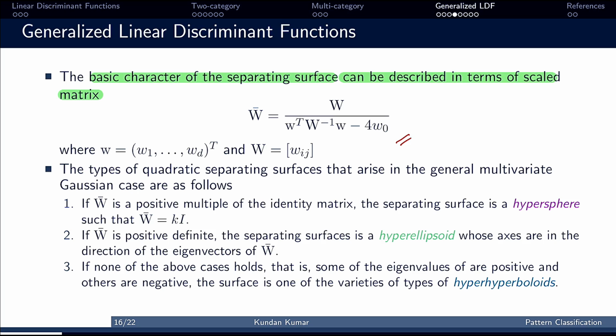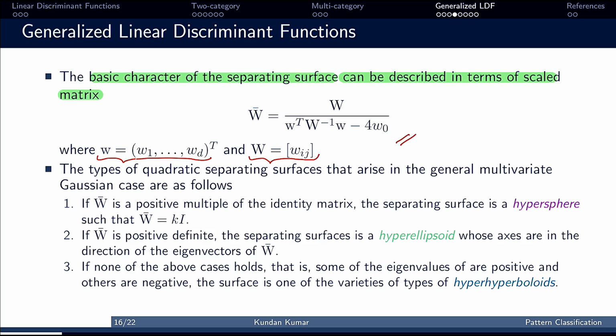Here the weight matrix is symmetric and non-singular. So from this final result, we can draw some conclusions regarding the separating surface.